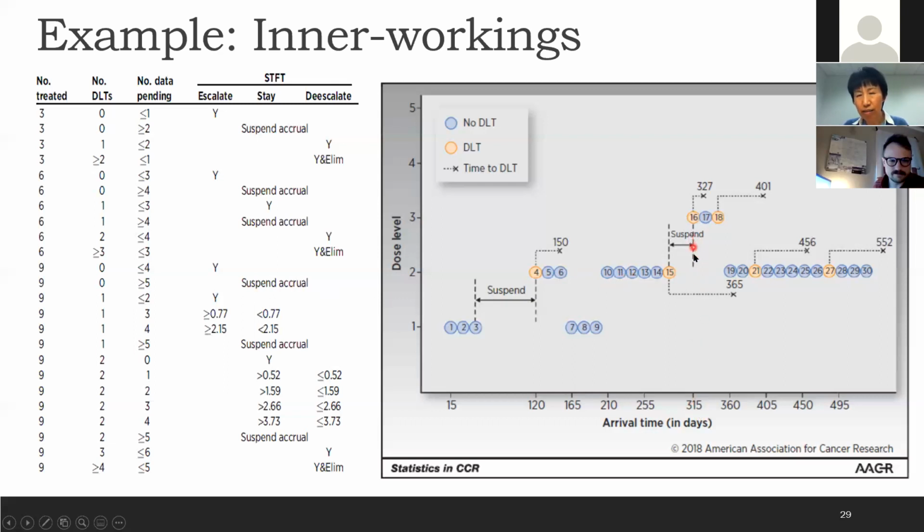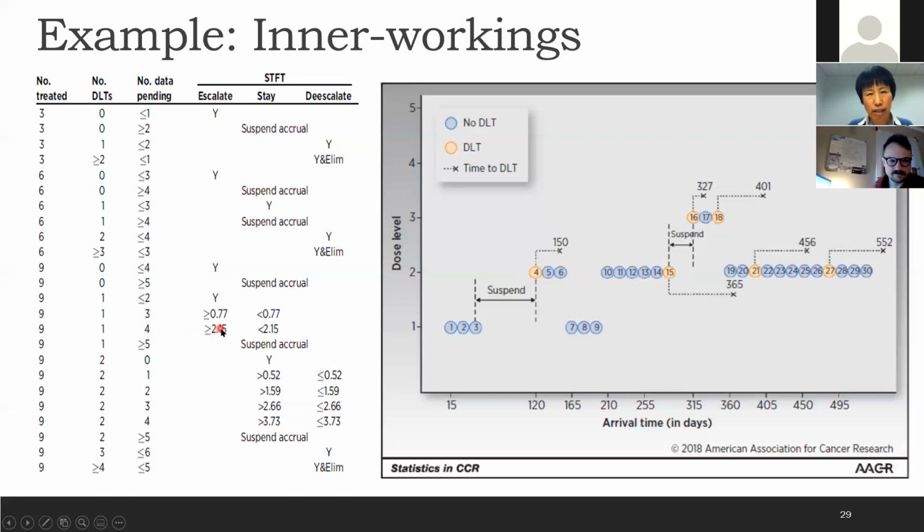So by 315 days, we have 9 patients treated. We have 5 patients' DLT fully assessed, and we have 4 pending patients. So we look at the decision rule here. We have 9 patients treated, we have 1 DLT, and we have 4 patients pending.